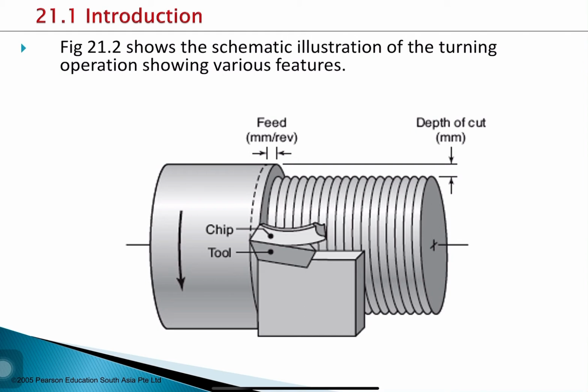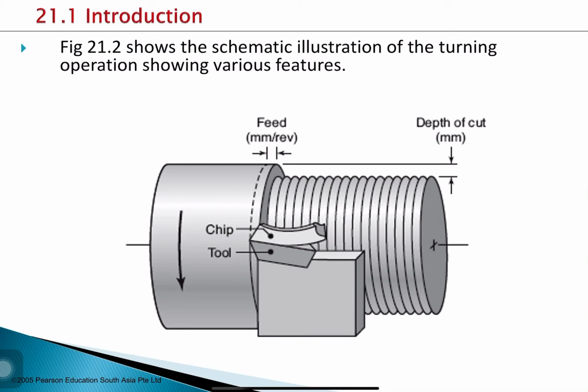There is a term called feed, which is how much material you cut into in one motion. That's why the unit is mm per revolution. For each revolution, in turning for example, the workpiece rotates along its axis.